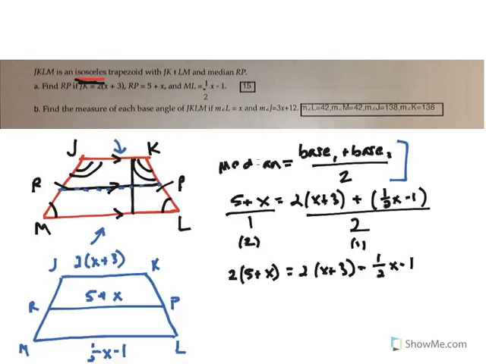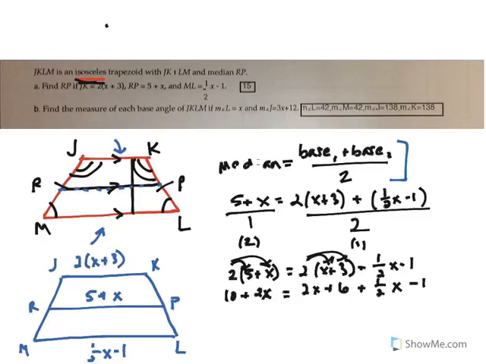So now let us distribute on both sides. 2 goes here, 2 goes here. We get 10 plus 2x equals, we distribute here, we get 2x plus 6 plus 1/2 x minus 1.